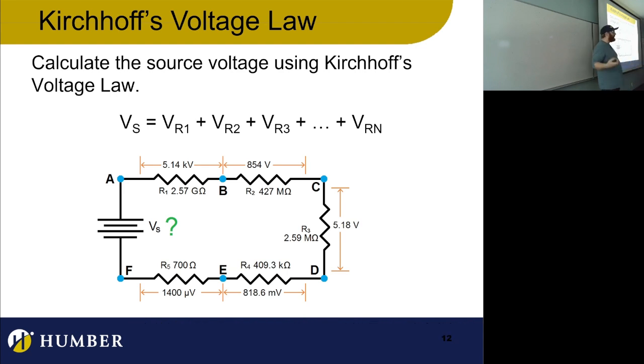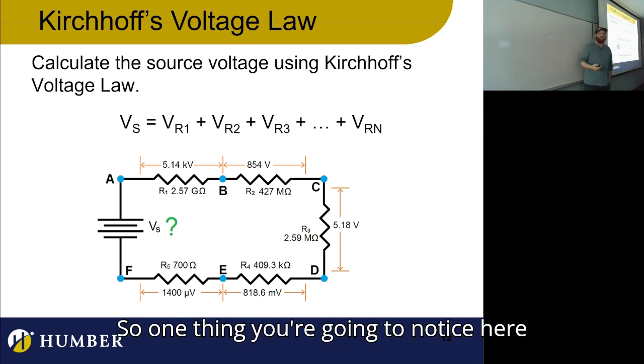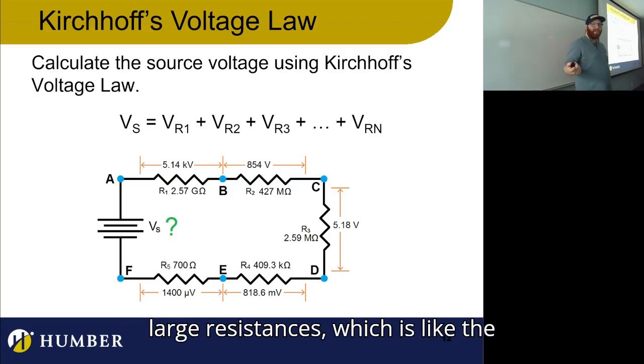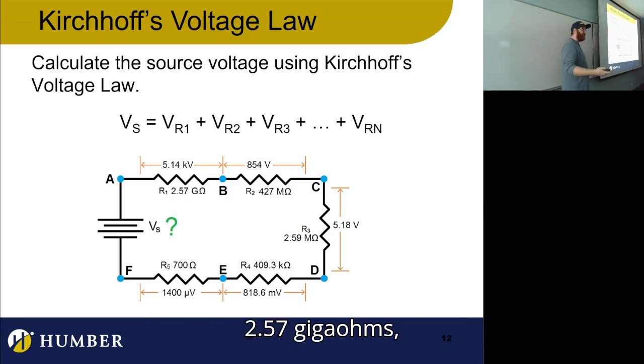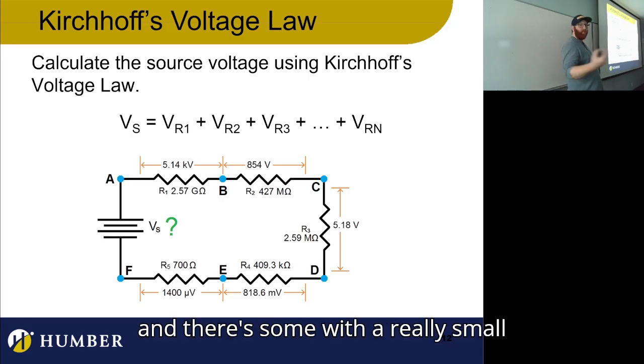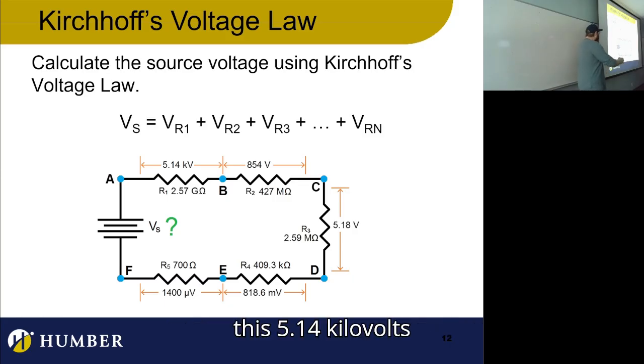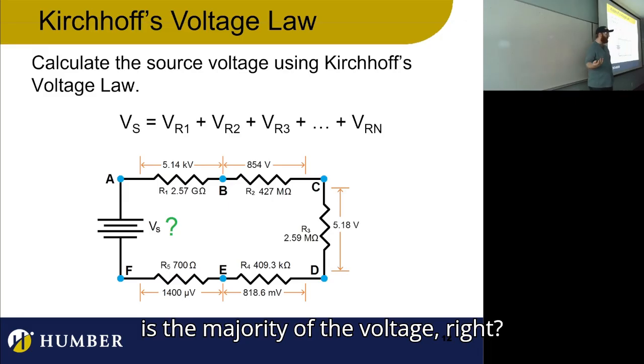It's probably reasonable. So one thing you're going to notice here is that there's some of these with really large resistances, which is like the 2.57 giga ohms. And there's some with a really small resistance, like 700 ohms. And this 5.14 kilovolts is a majority of the voltage, right?